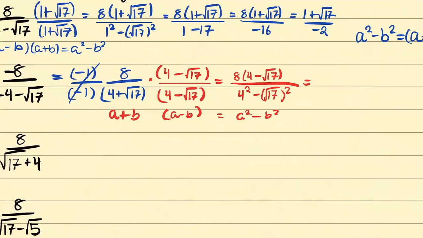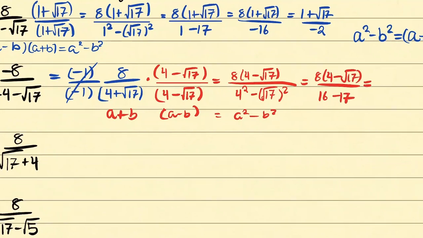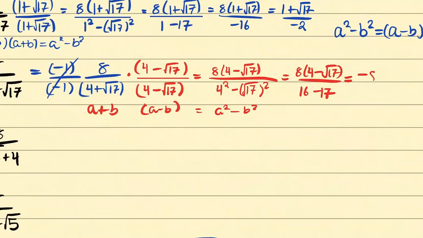We'll simplify that out a little bit, but we've got into the crux of the problem now. Since 16 minus 17 is negative 1, this is going to be negative 8 times the quantity, 4 minus root 17.